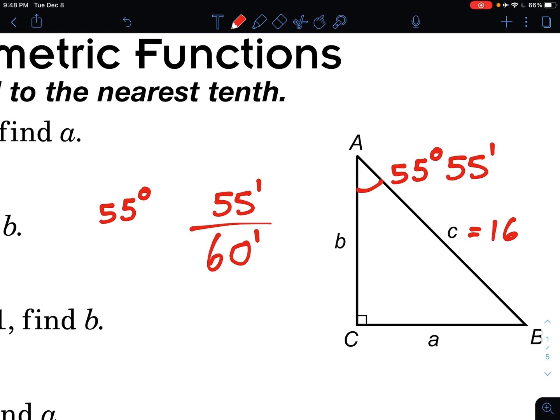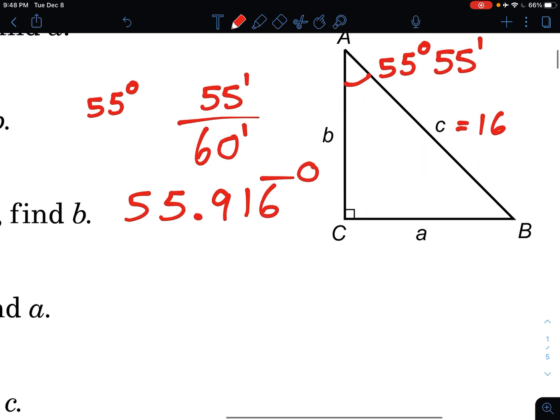So when you divide 55 by 60, you're going to get the number of degrees that is. 55 divided by 60 gives us 0.916 repeated. Then you just add that onto the 55, so we get 55.916 repeated.